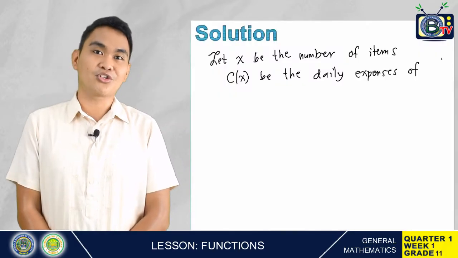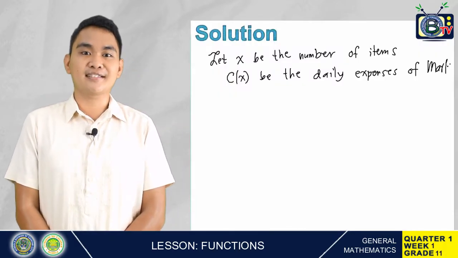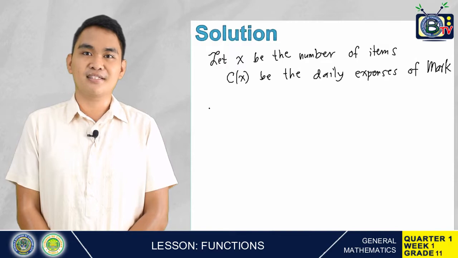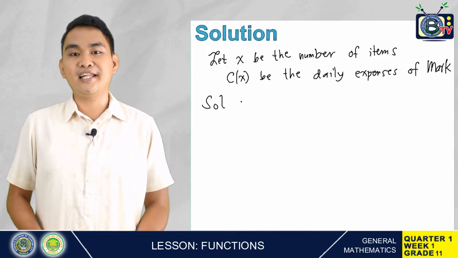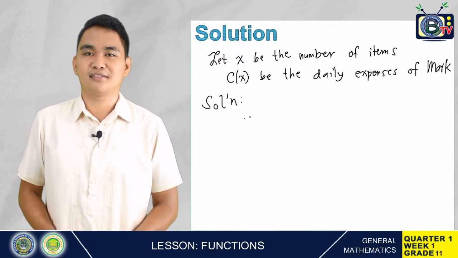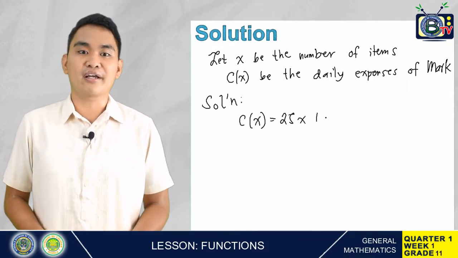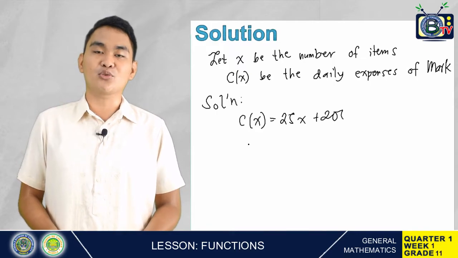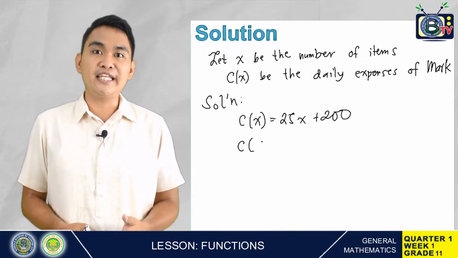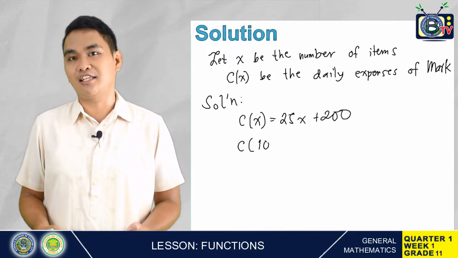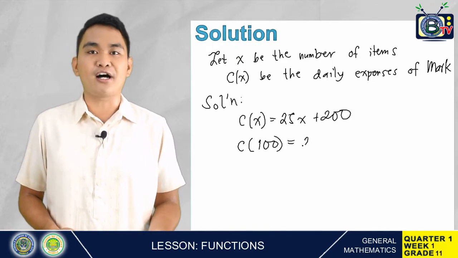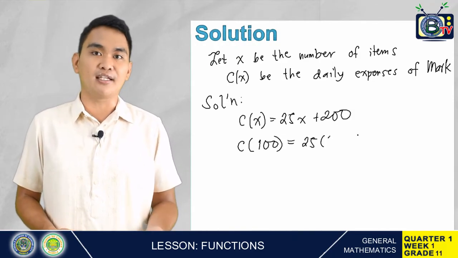For our solution, we are going to let x be the number of items and c of x be the daily expenses of Mark. Since, according to the problem, how much are his expenses if he prepares 100 snack items? Meaning, x is equal to 100. So we are going to evaluate the function at x is equal to 100.